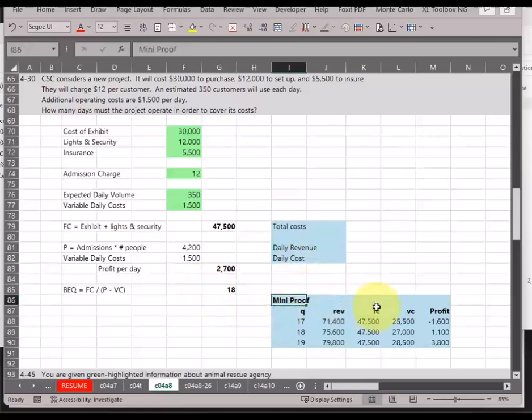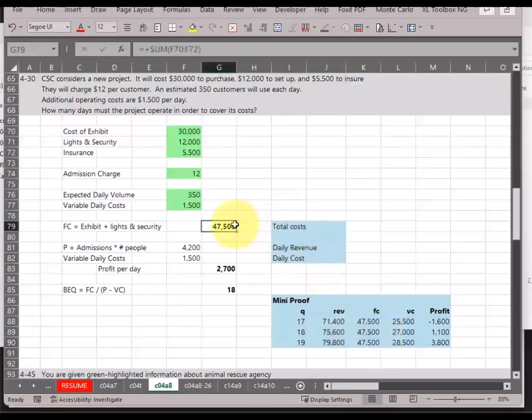And again, using a little mini proof formula, you can look at, there's your quantity going up, number of days, 17, 18, 19. Your total revenue is just going to be the revenue per day, which we already figured right there, 42. Revenue per day times 17, 18, 19. So you can see that this goes up a little bit each time.